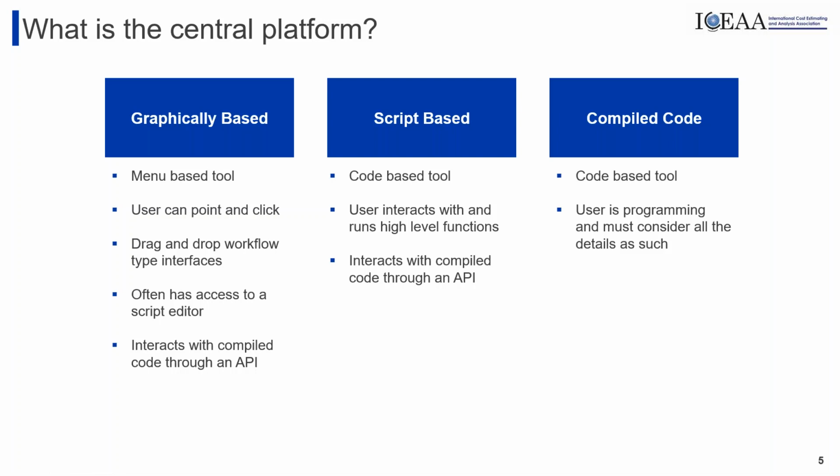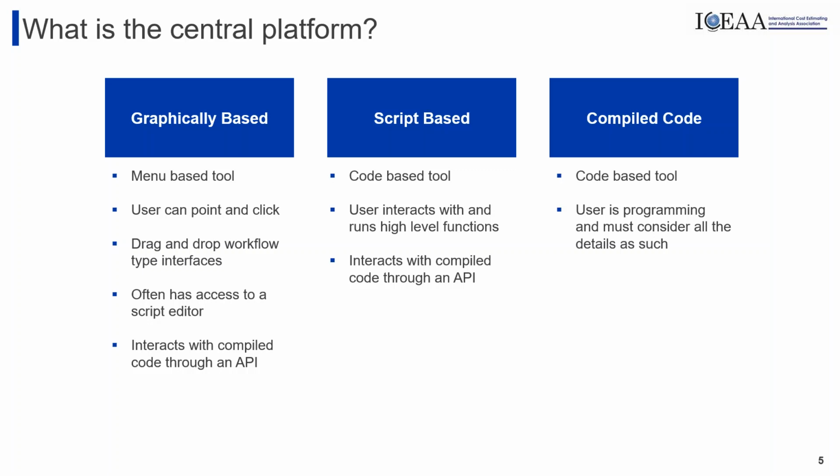So what is a central platform? There's kind of 3 main types I'd consider here. Graphically based. So you have this menu-based tool. You can point and click, drag and drop interfaces. More comfortable to work with. It's that point and click type interface we're used to. Even Excel would kind of fall into something like that. They often have access to script editors for things more powerful, and they often interact with compiled code through some type of API.